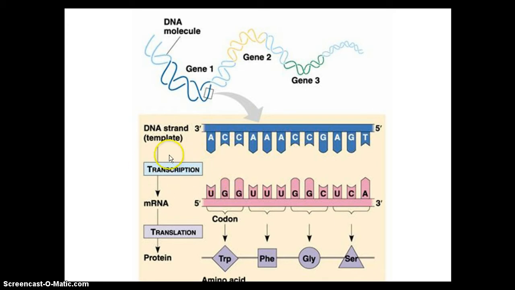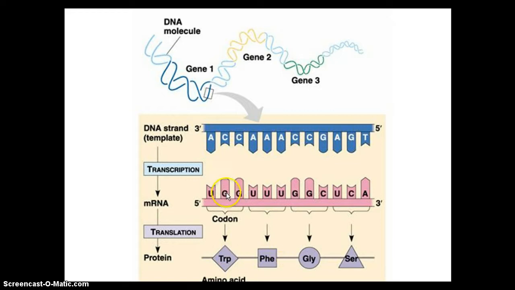Okay, that's transcription. We talked about that during class. We also talked about translation. Once you have your mRNA molecule, every 3 letters on the mRNA is called a codon, and each codon brings in, or is specific to, an amino acid. So every 3 letters on the mRNA gives you an amino acid.